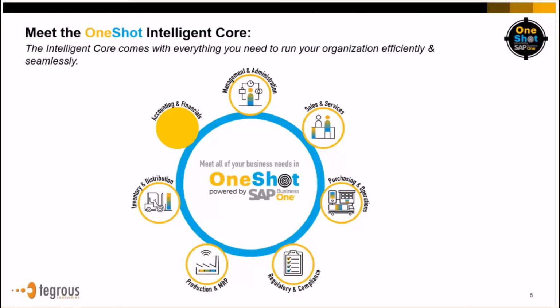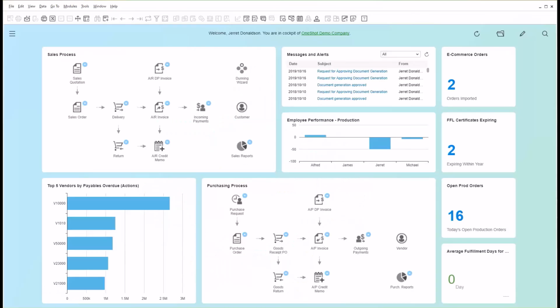To conclude this tour, let's take a look at the accounting and financial features of OneShot's Intelligent Core. Since OneShot allows you to really manage everything that you need to run your organization efficiently and seamlessly in one location, at its very core, it needs to be very powerful and centralized with its accounting and financial features.